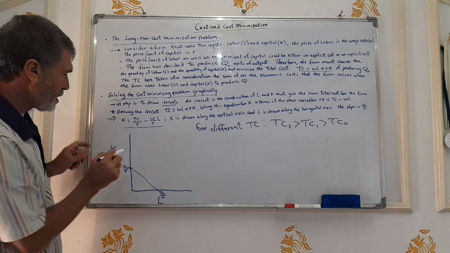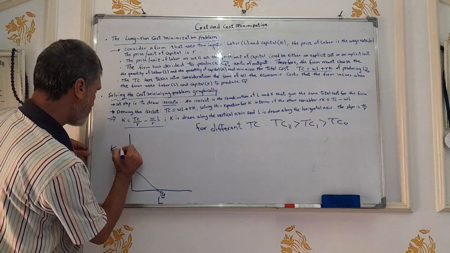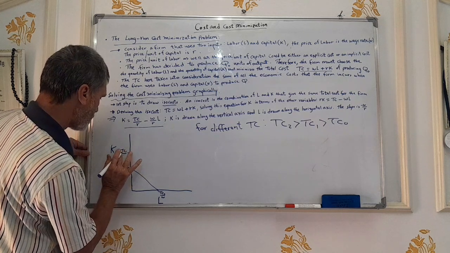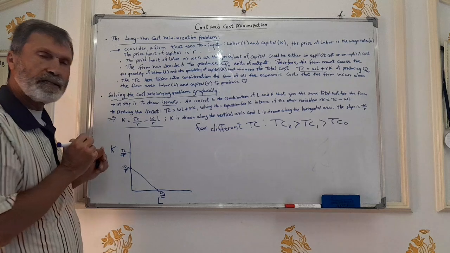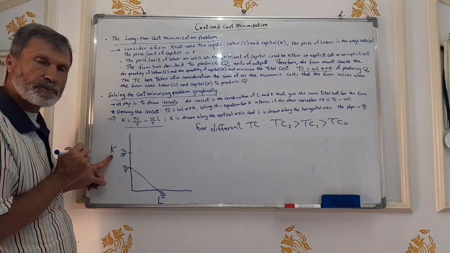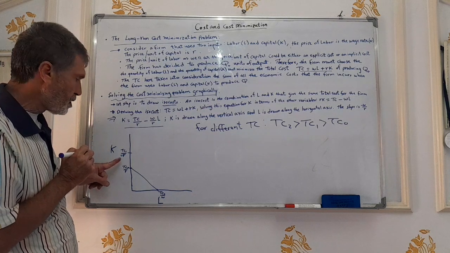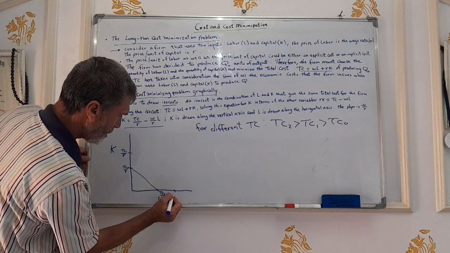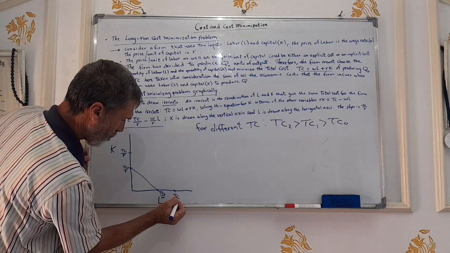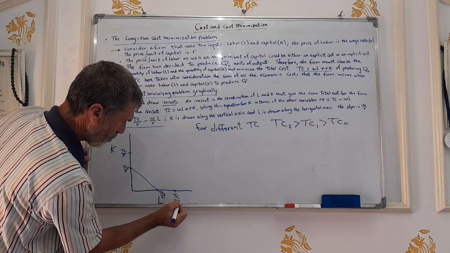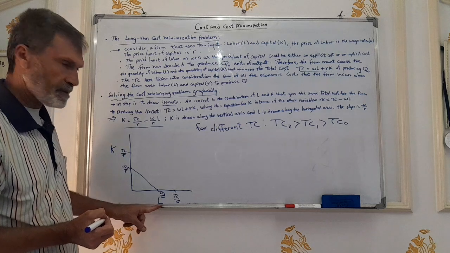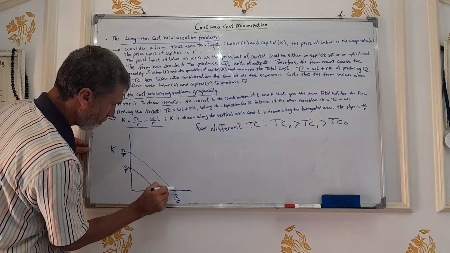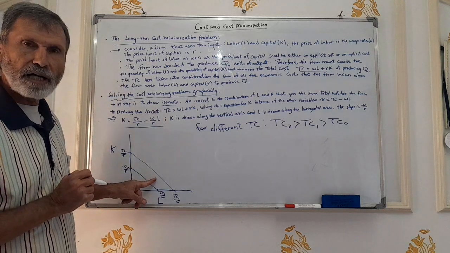The second total cost is the same thing. We divide the K-axis intercept over the price of capital, which is R, so TC1 over R, and over here the same thing, TC1 over W. We divide the L-axis intercept by the price of labor, and we connect those, and we come up with the second isocost.